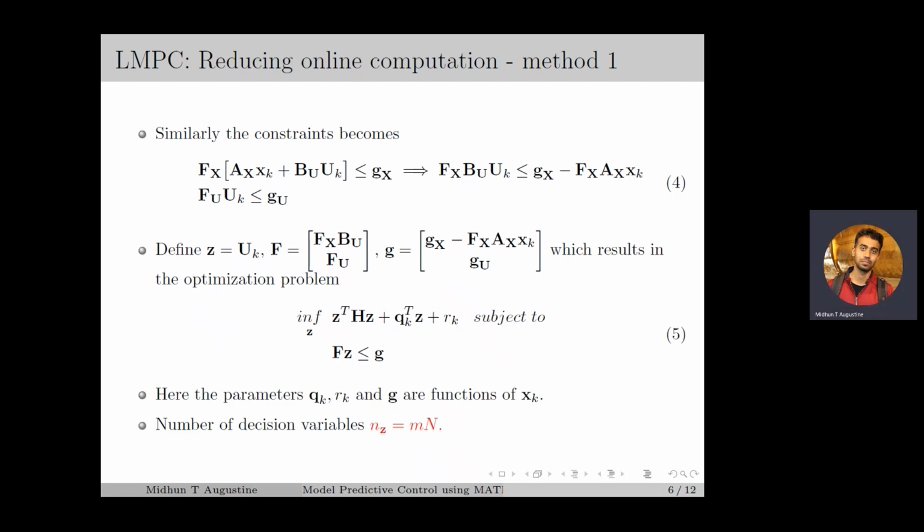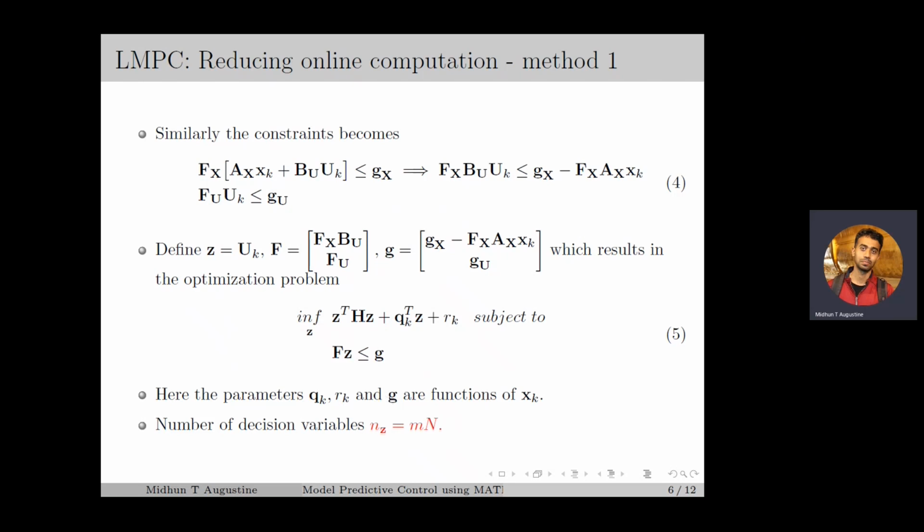Now, by defining the optimization vector Z equal to Uk, and F and G like this, we can represent the optimization problem for LMPC as in equation number 5, which is also a quadratic programming problem. Here, the parameters Qk, Rk and G are functions of the current state xk.